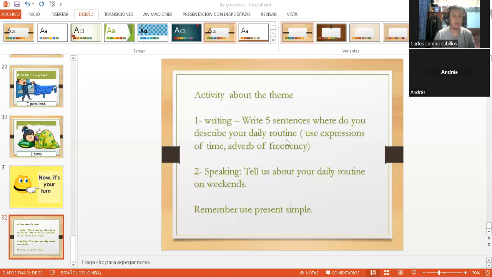Okay, the second: in the morning, I make my bed and I take a shower.